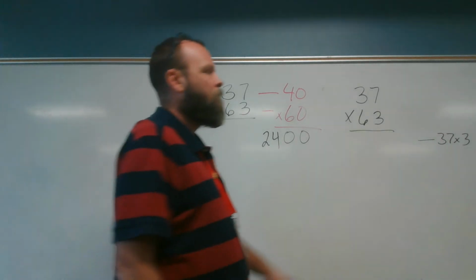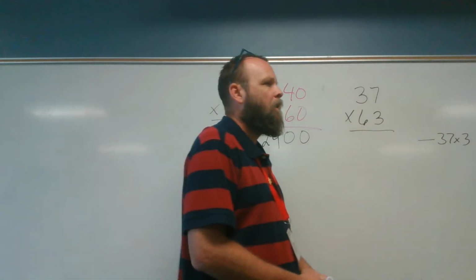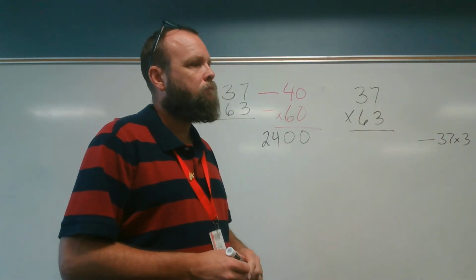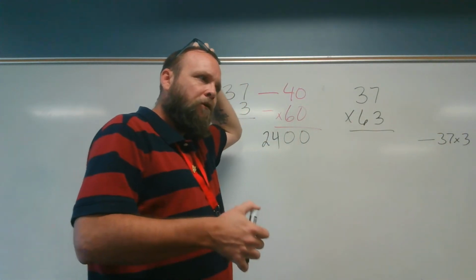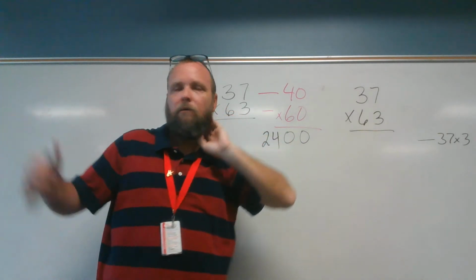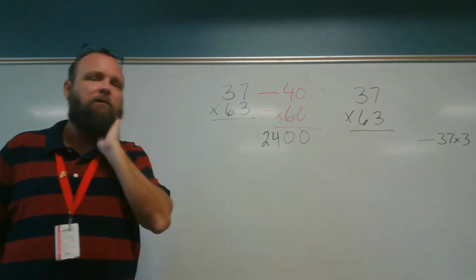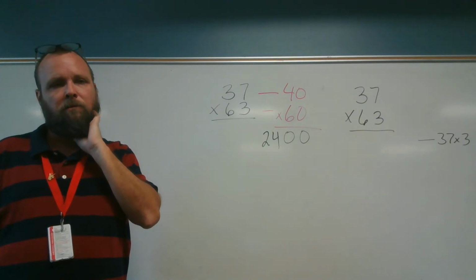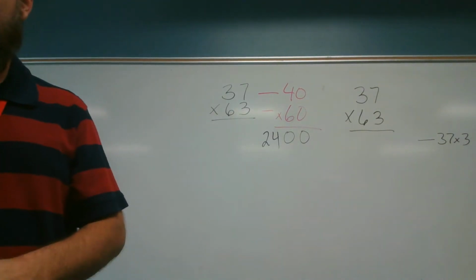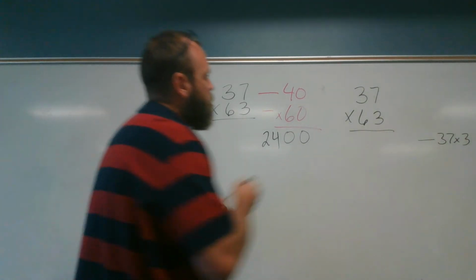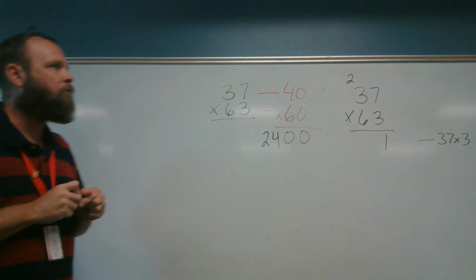Angela, what is 3 times 7? Look at your multiples. You don't have one in your journal, do you? Natalie, show her 3 times 7. Just a moment. 21. So 1. So I have 21 ones, so I carry it over.